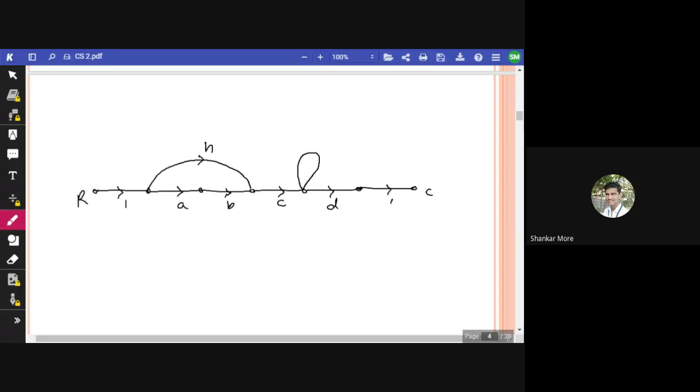Guys, this is called a self loop. It starts from the same node and ends at the same node as well. Then we have G here, then F here, and lastly E here.